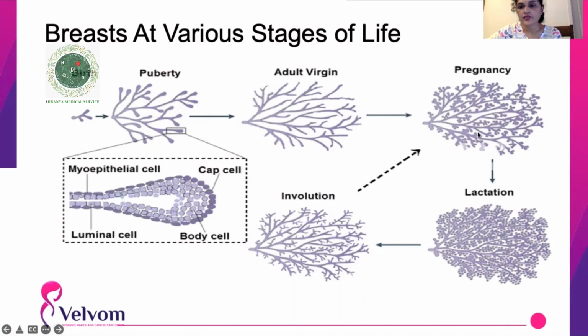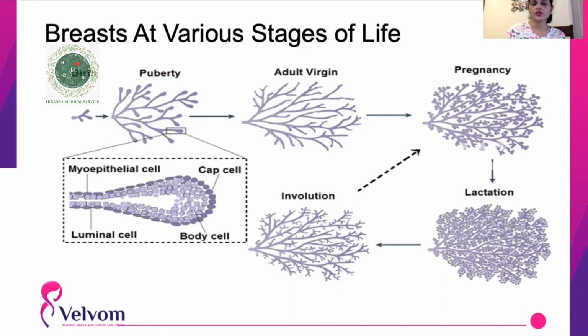In pregnancy, you can see there's a remarkable increase in the glandular structure, which becomes even more dense during lactation. And at menopause, something called involution happens, when all the reproductive changes start shriveling up, estrogen and progesterone come down, and the breast starts shrinking in size, and all these changes start reverting.